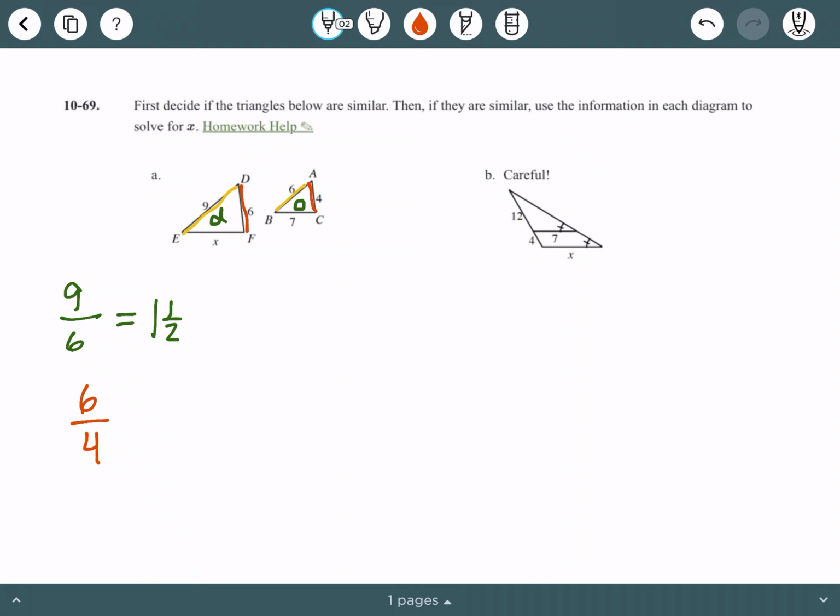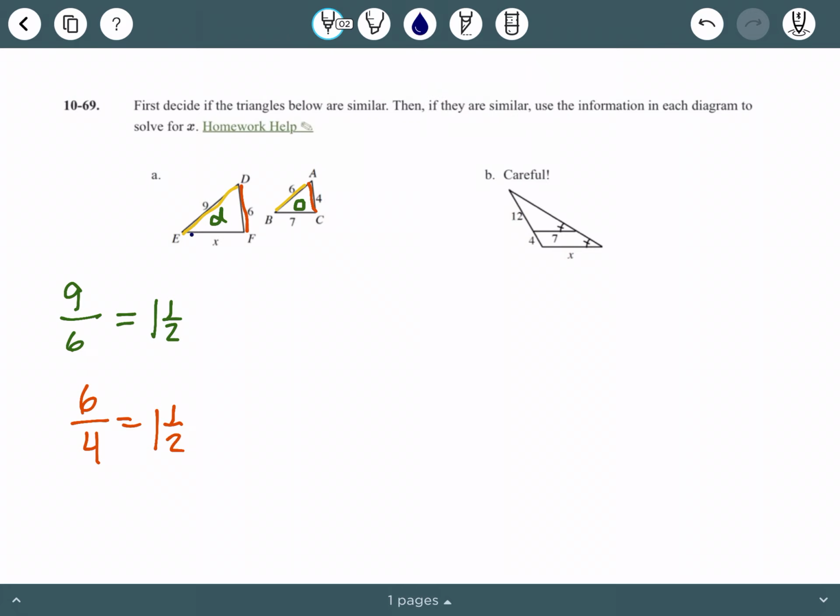And 6 over 4 can be simplified, or even if you put into your calculator 6 divided by 4, it's going to give you 1.5. So it does look like we are going by the same scale factor here.